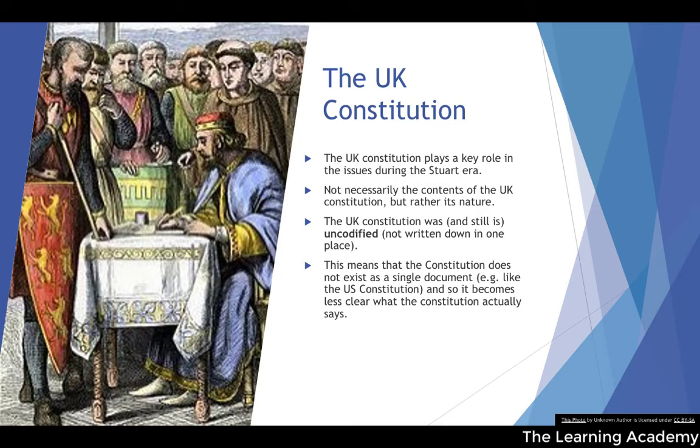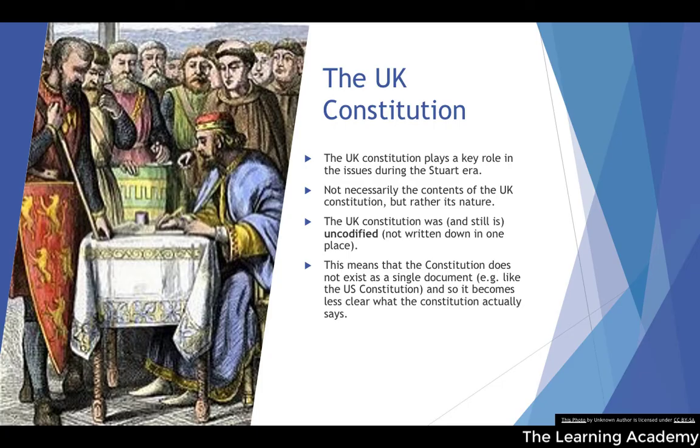If we wanted to, for example, Google the US Constitution, you would be able to find it in one single document. You can actually purchase the US Constitution in one single document. You can't do that with the UK Constitution. The UK Constitution is made up of a number of sources, including statute law, common law, different conventions, etc., all built over thousands of years.